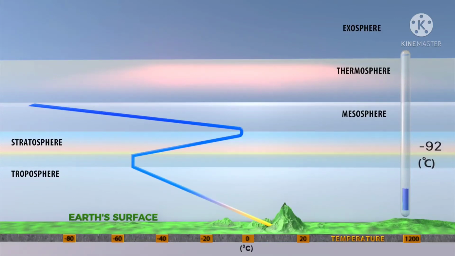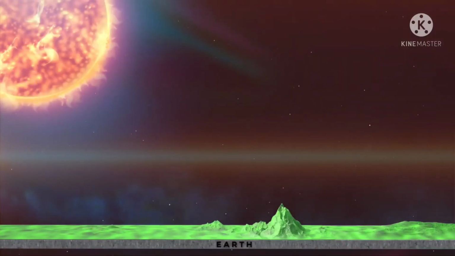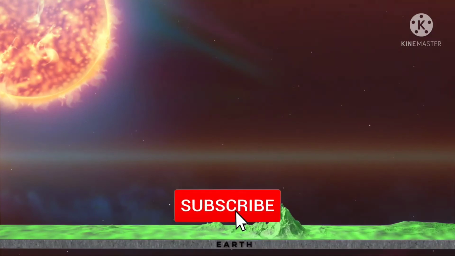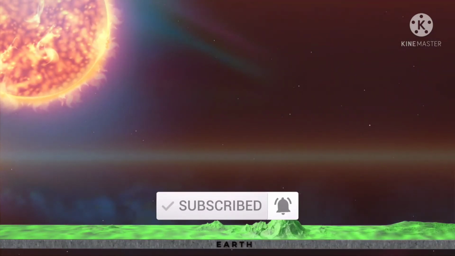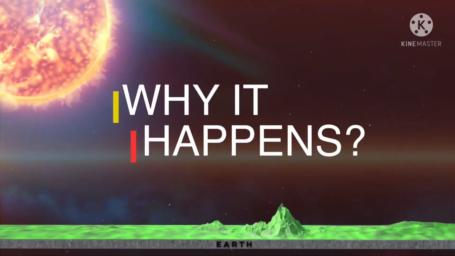In the stratosphere there is near about minus 92 temperature, and in the mesosphere it increased, and in the thermosphere it increased up to 1200. Why does it happen?